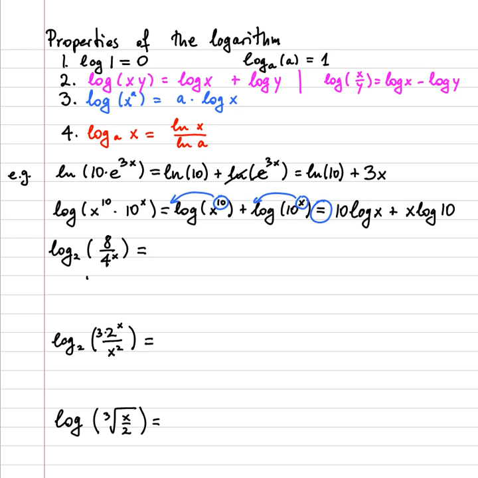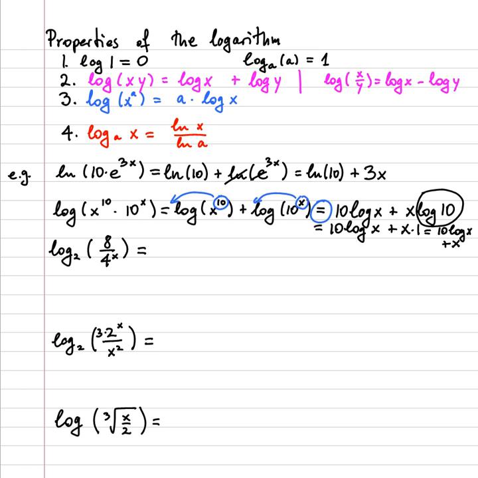So in order to compute log of 10, we will use this property, and the result will be just 1. So for this problem, we have 10 log x plus x times 1. So 10 log x plus x.